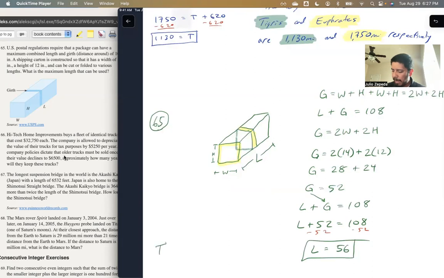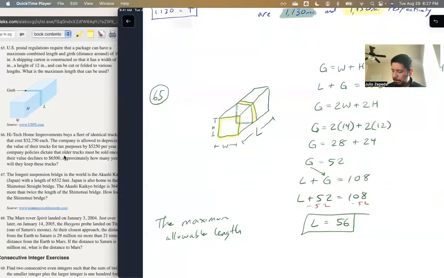Okay, so the maximum allowable length for these dimensions that have already been given is 56 inches. Okay, and that's the answer to that one.